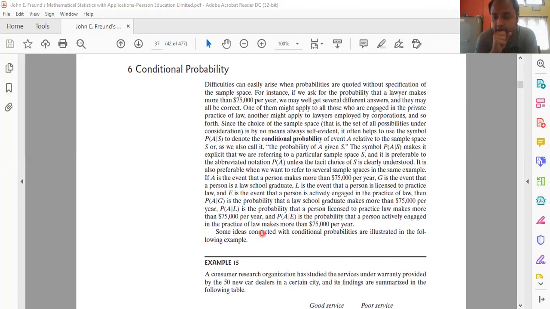In such a scenario, we use conditional probability. Conditional probabilities are those where some condition is given, that a particular event has already happened. On the basis of that, the probability of the other event has to be calculated.